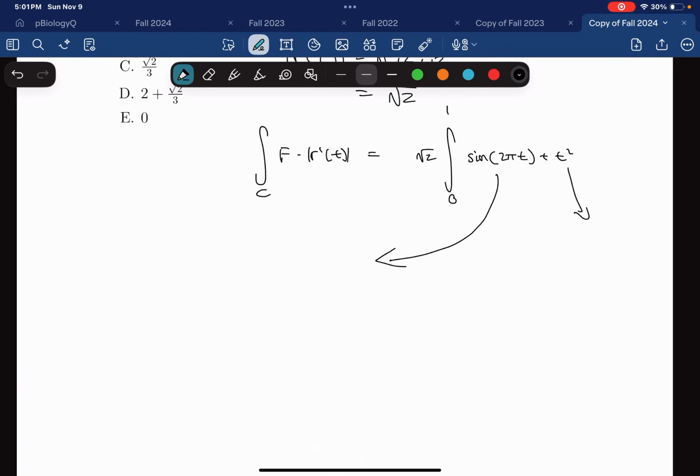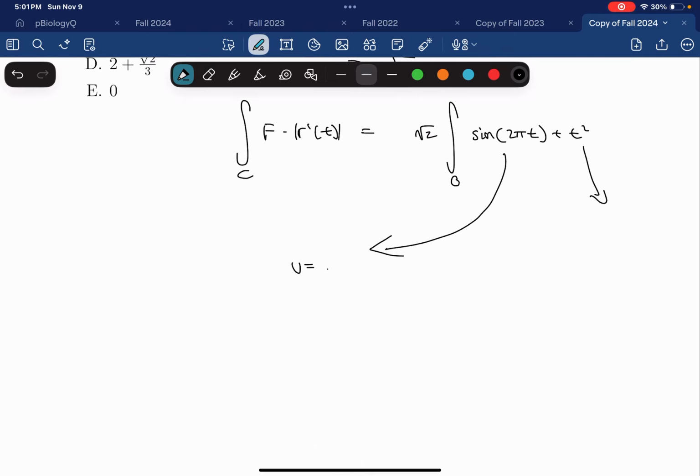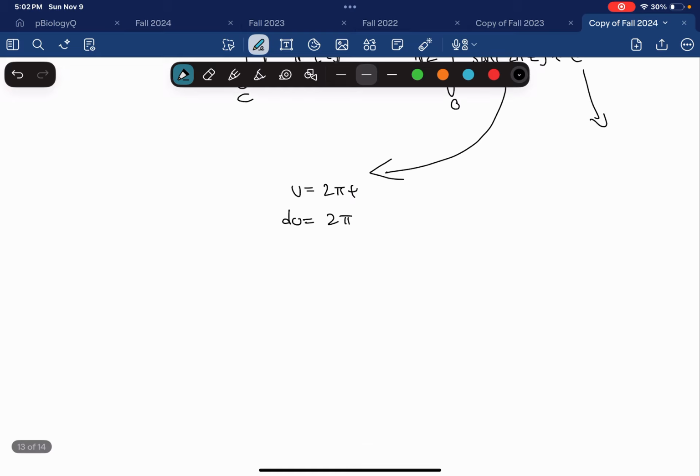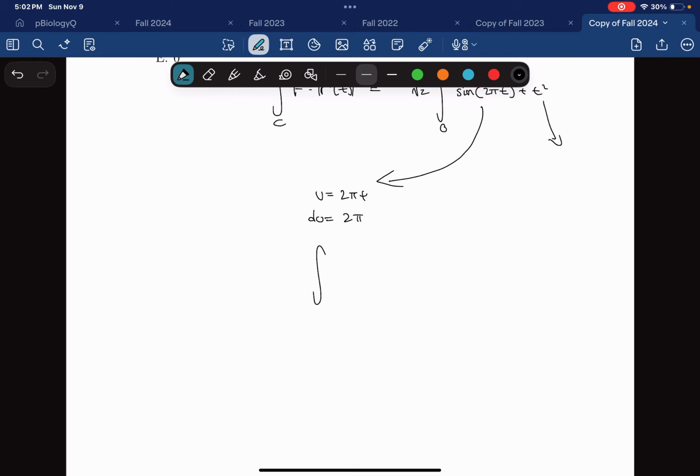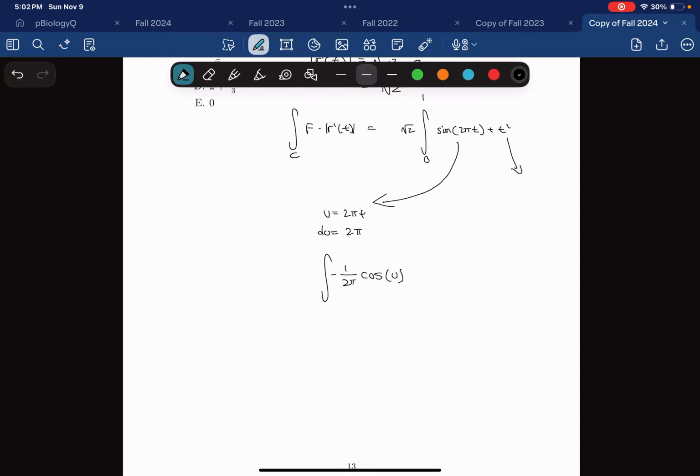Let's do the first one first. So if we do the u substitution, u equals 2 pi t, then du is equal to 2 pi dt. So now we know 1 over 2 pi, and that'll be negative cosine of u.